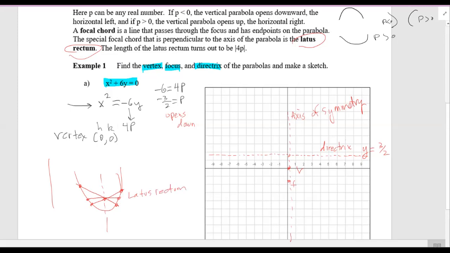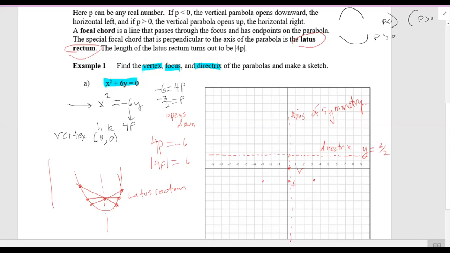What's unique about it is that it has a length equal to the absolute value of 4p. We can see in here that 4p is -6, so the absolute value of 4p is 6. So the distance across here is 6 units. If I measure 3 units on either side, I automatically have 2 points on that parabola.